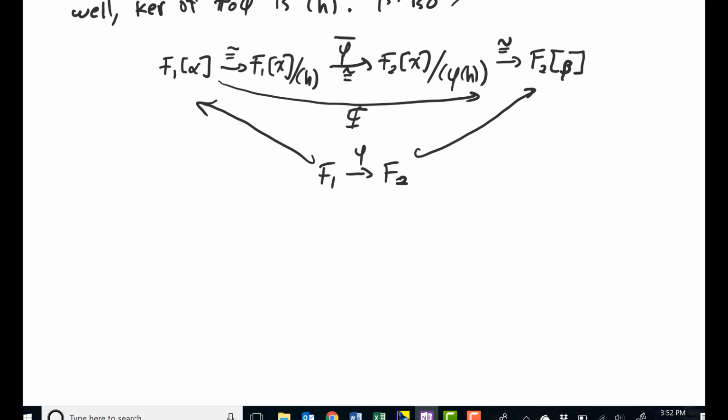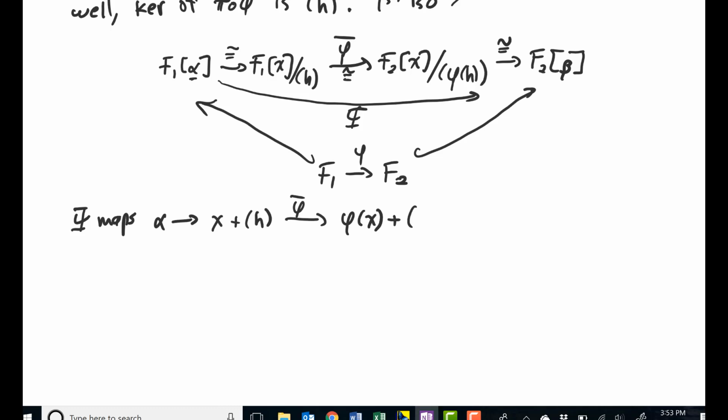Well, first of all, isomorphism is automatic because everything on the top row is an isomorphism. What's left to check? Well, where does alpha get mapped to? Well, alpha is up here, and this first isomorphism, if you remember how it's done, that just sends alpha to x plus h. That was our construction. And then we hit phi bar on it, and phi bar just sends it to phi of x plus phi of h.